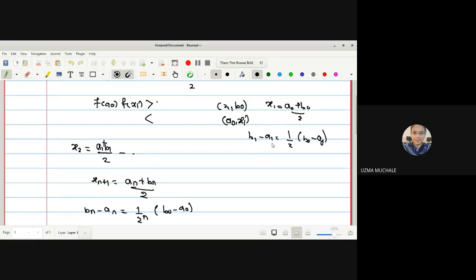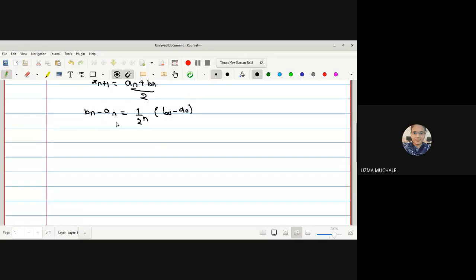It means that b1 minus a1 is nothing but 1 by 2 into b naught minus a naught. Why have we taken 1 by 2? Because we bisected our original interval. In this way we have found these things. So that's why bn minus an is nothing but 1 upon 2 raised to n into b naught minus a naught.